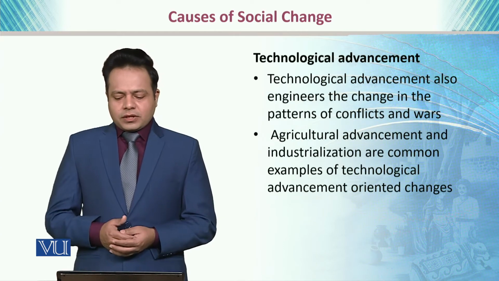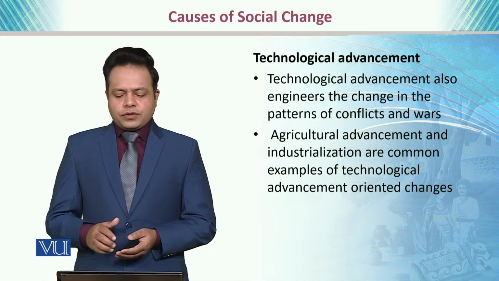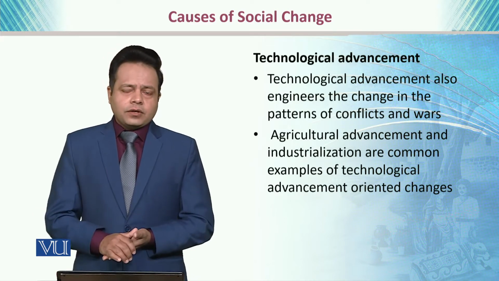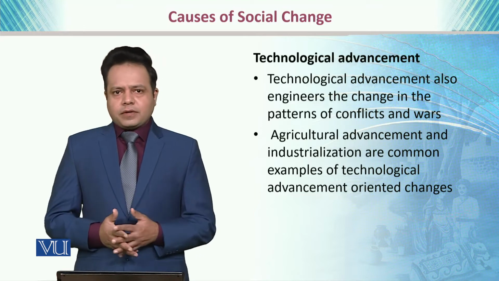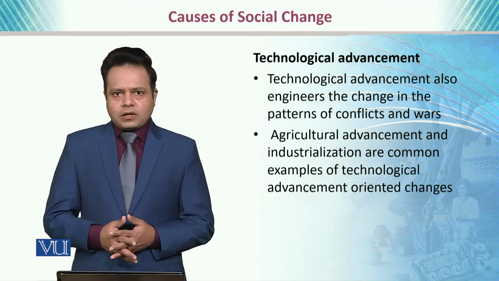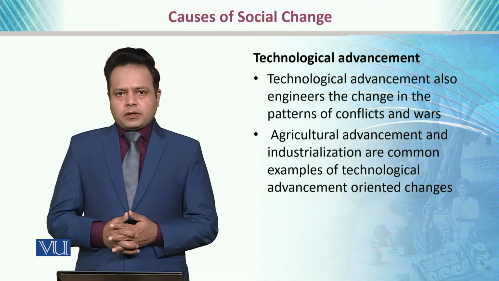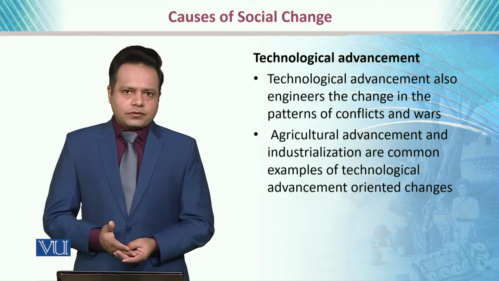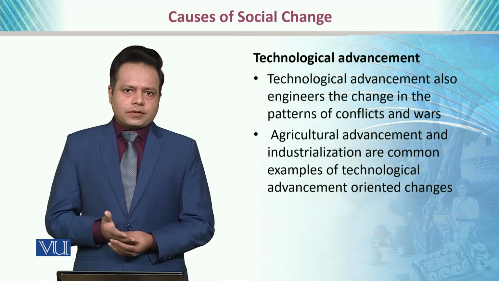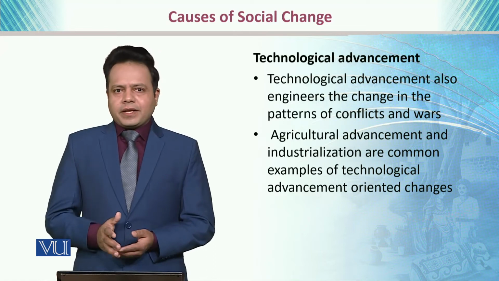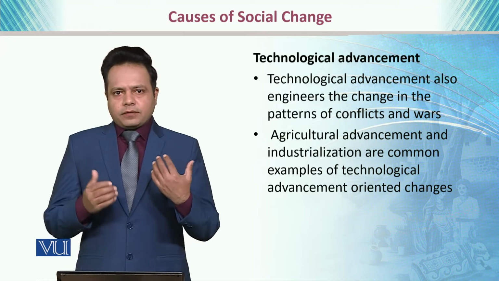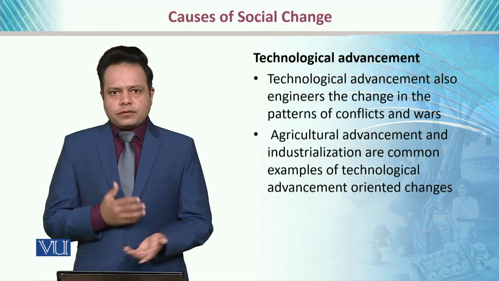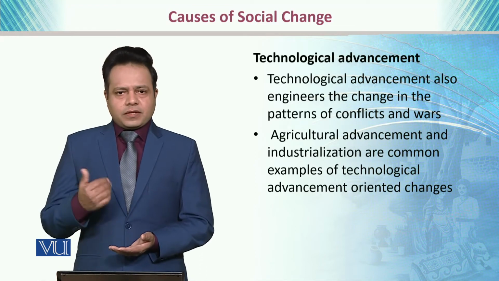So these technological advancements also bring change in the patterns of conflict and wars as well. Perhaps you have heard about the fifth generation war, which means that international agencies or international organizations or spying agencies are involved in maneuvering or in spying activities through these smart gadgets which are available to us.